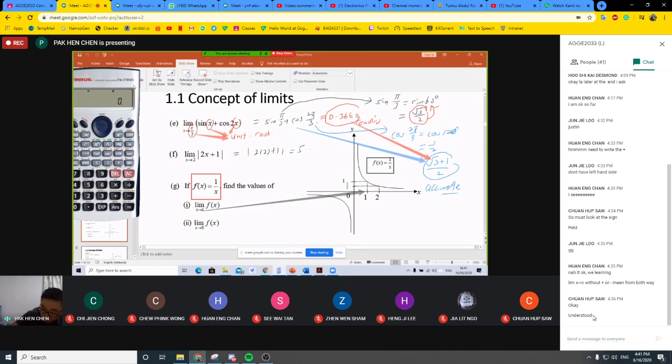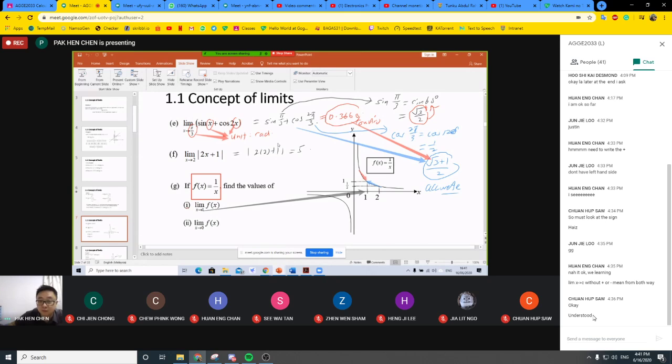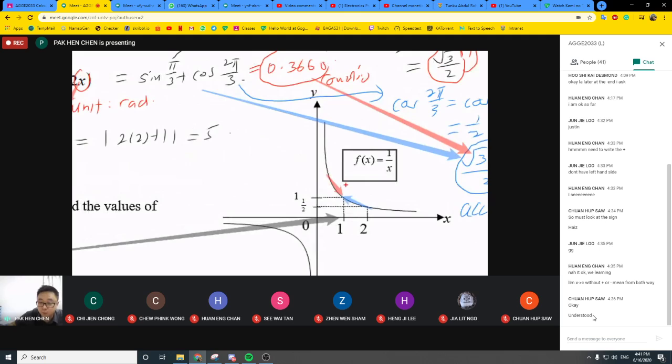We're still able to know the limit from the right. You see a point. And from the left also, it approaches the same point. Isn't it? Correct or not? So both left and right approach the same value of 1.